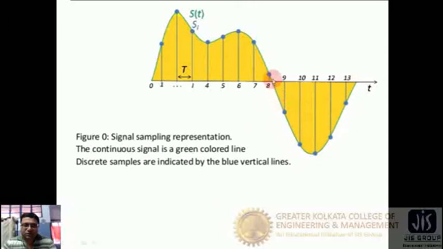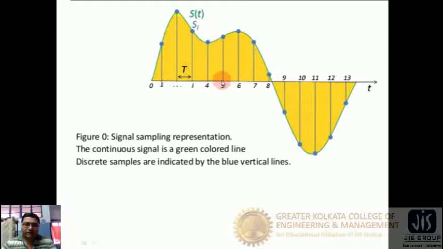So this is a continuous time signal, and we take some samples at a certain and equal interval, that is T. We can see an interval of T between two samples, and this interval is the same for every side by side sample.